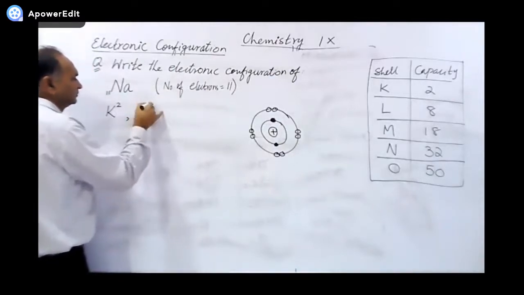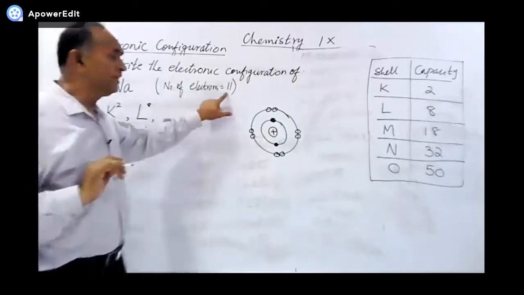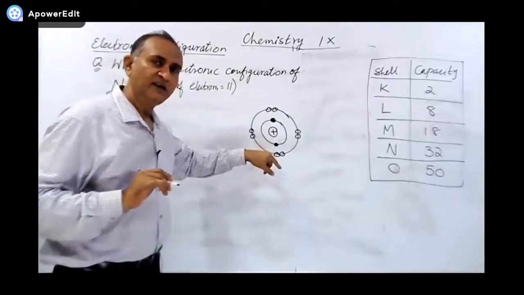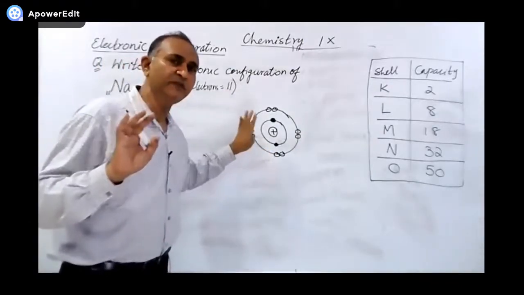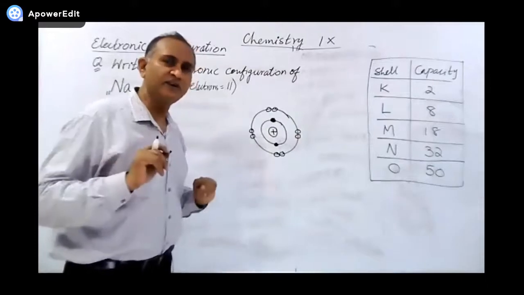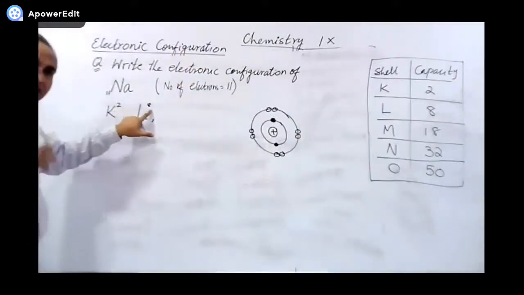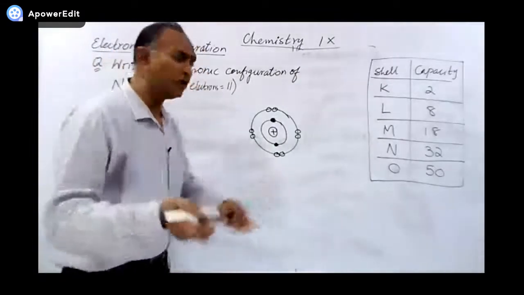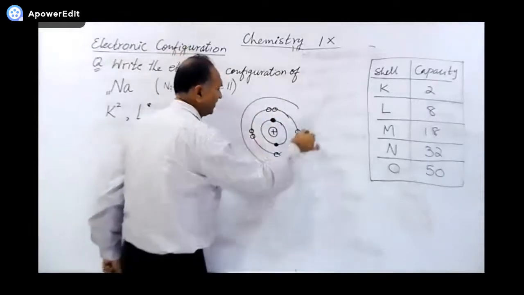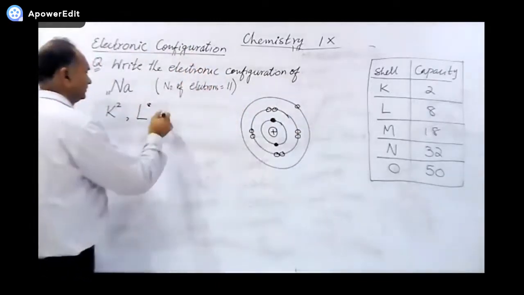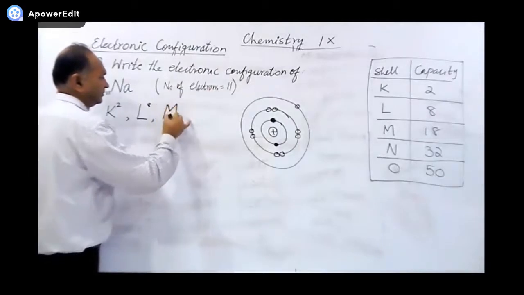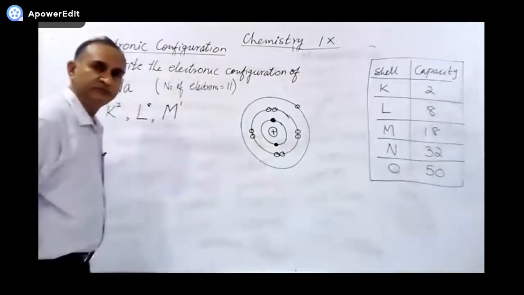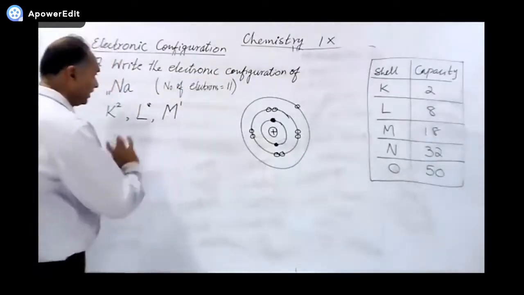So out of 11 electrons, 10 have been allocated their positions. 2 plus 8, 10. Just 1 is left. Where will the last electron go? Obviously in the last one, the third shell. This is called the electronic configuration of sodium. Okay?